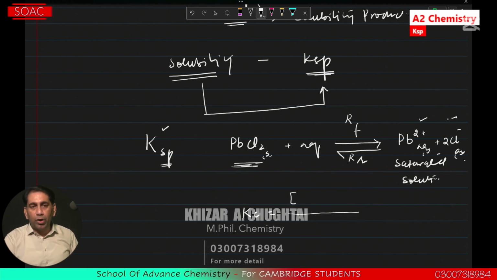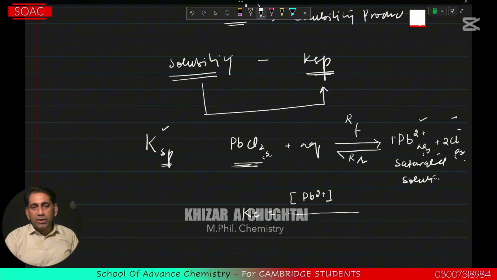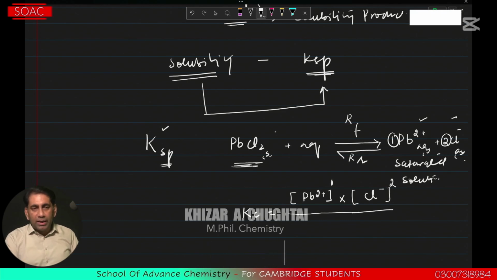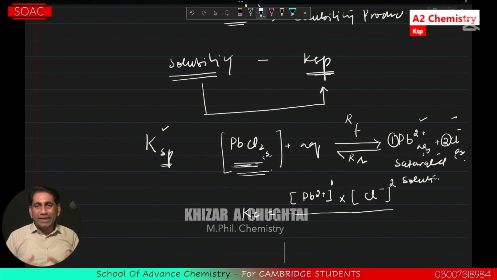It is the concentration of the species on the right hand side, Pb2+, raised to the power of its mole, which is 1, multiplied by the concentration of Cl- ion raised to the power 2, divided by the concentration of the main reactant. But it is very much less soluble and almost remains undissolved, so its value remains constant.